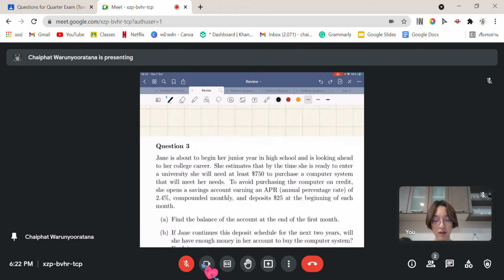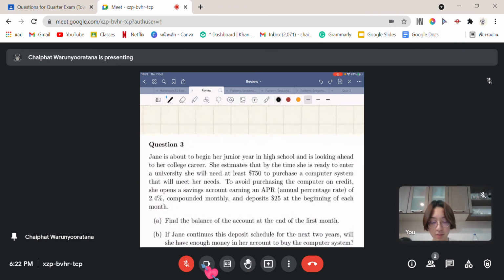It says in the beginning that she's about to begin her junior year in high school. Now, this is equivalent to the 11th grade. And she needs the computer system by the time she enters the university.